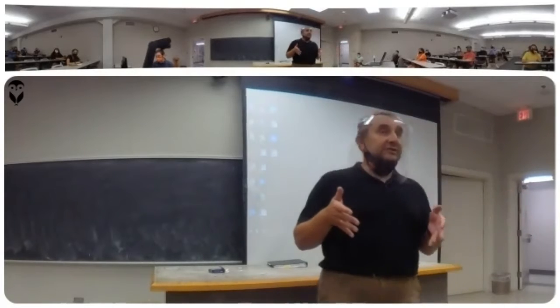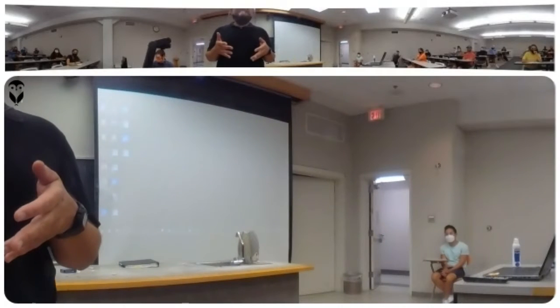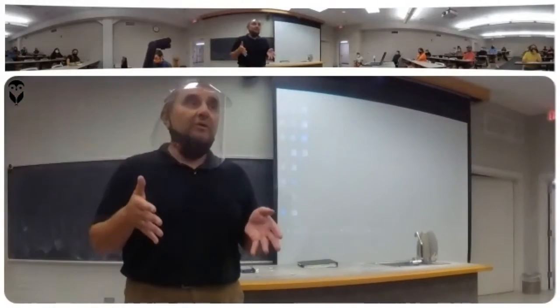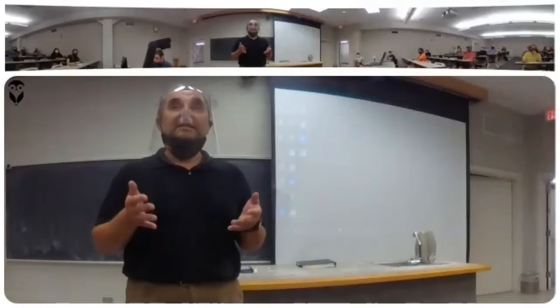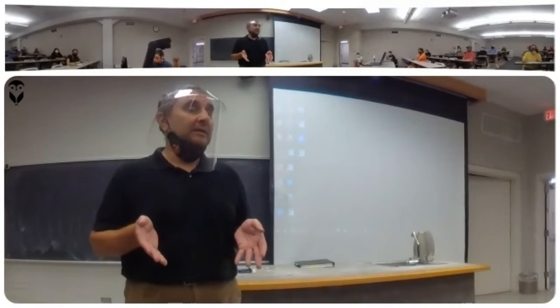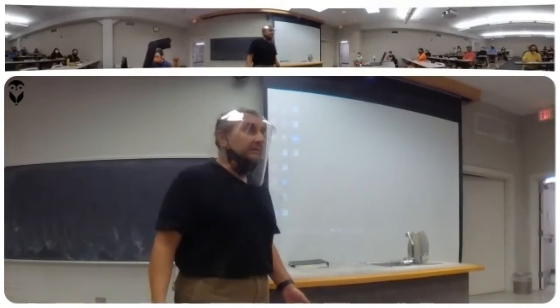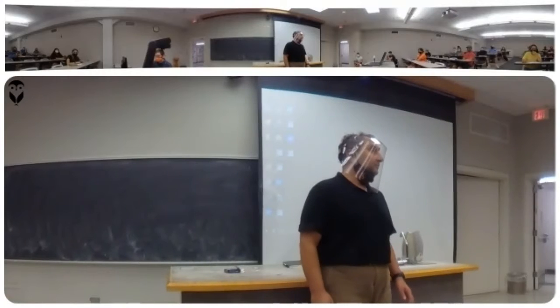There is another section of the same class on Tuesdays and Thursdays from 4 o'clock to 5:15, again in this room, and again, there are available seats in the lecture hall. So if you want to attend in person, you have those options. Feel free to do it.